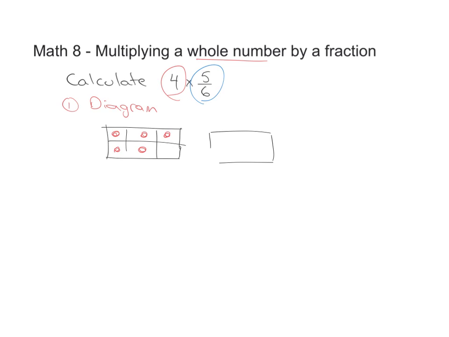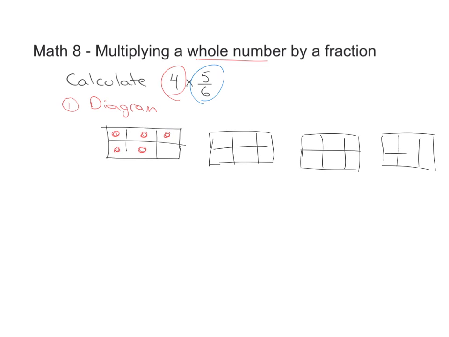So we've got 4 lots of 5/6. I'm just drawing this out, and I think you can see this pretty clearly. I'm going to draw in 5 for each of these.